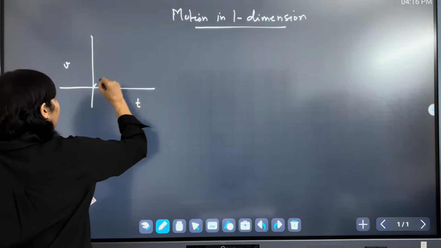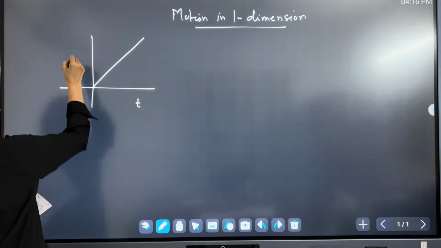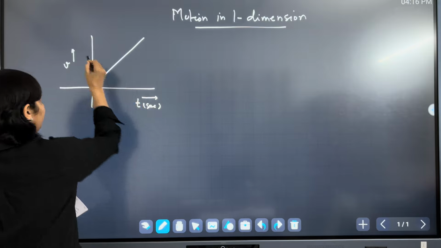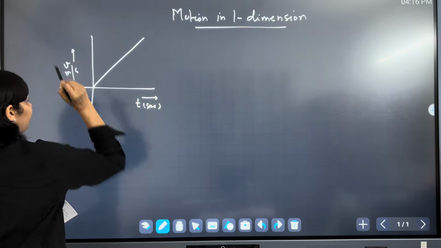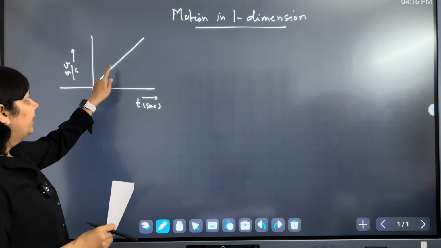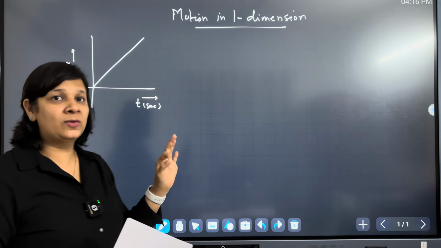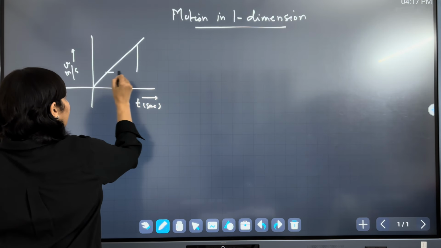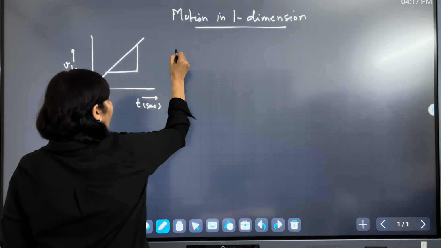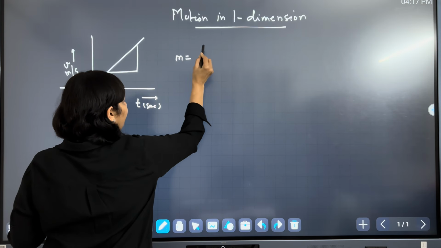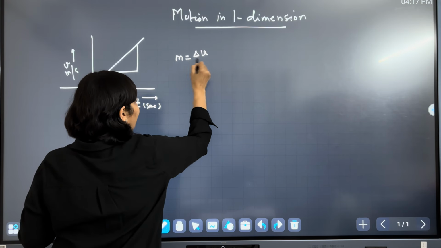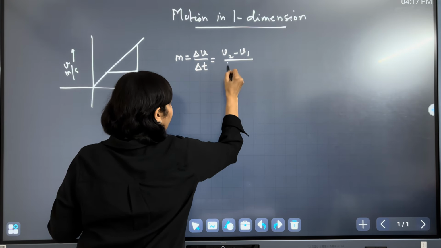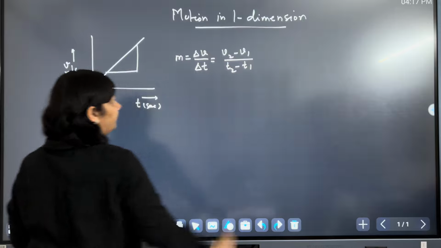for example, the velocity time graph is like this, okay? On the y-axis, this is velocity in meter per second, and on x-axis, this is time. Here, the slope is constant, right? And the slope of this will be given by delta V over delta T, V2 minus V1 over T2 minus T1.